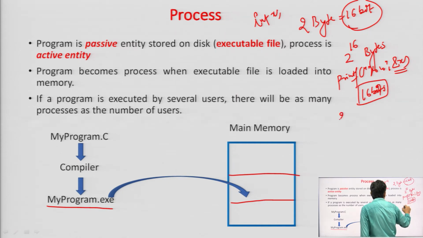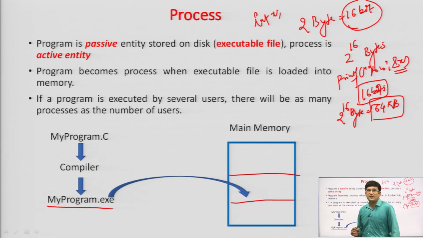With the 16 bits, you can refer to 2 raised to the power 16 bytes of memory, that is 64 kilobytes. So, every time you create a process, the space of 64 kilobytes gets reserved in the memory. For every C program, 64 kilobytes will be reserved. This will be different for different processes. I am talking with respect to compilers that use 2 bytes for integers.